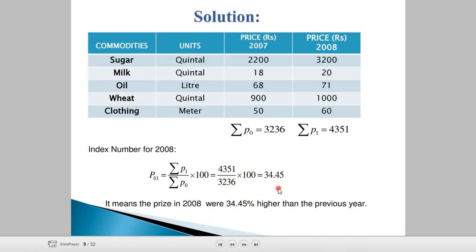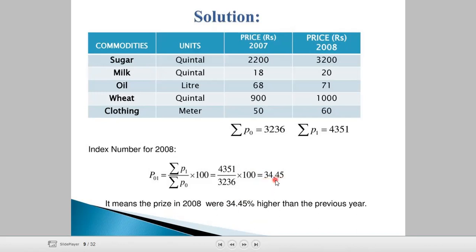And children, let us assume that if it is 134.45, then how can we draw a conclusion? Because drawing a conclusion is very important in index numbers. Only then can we conclude what we have understood from the problem.